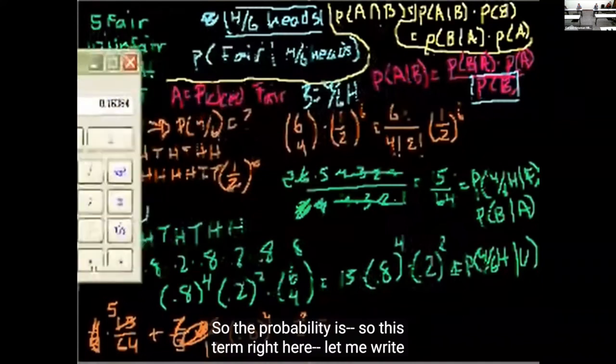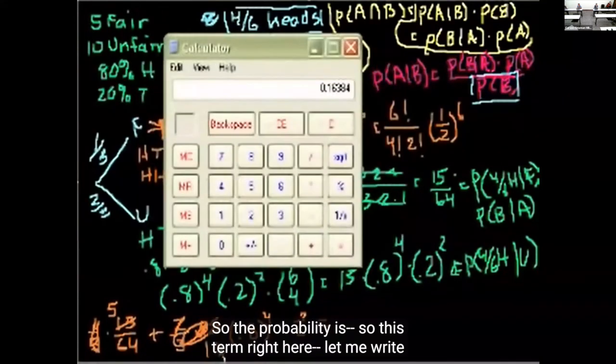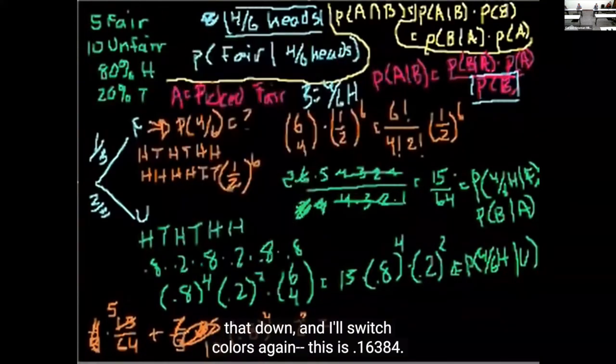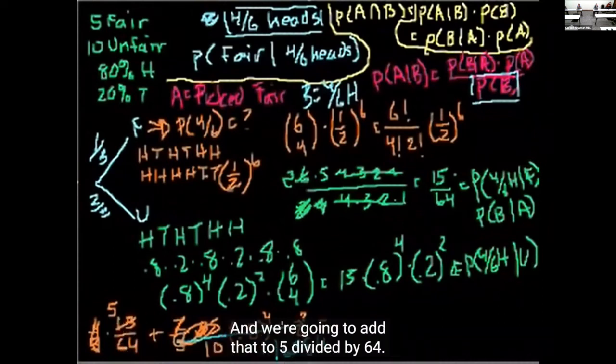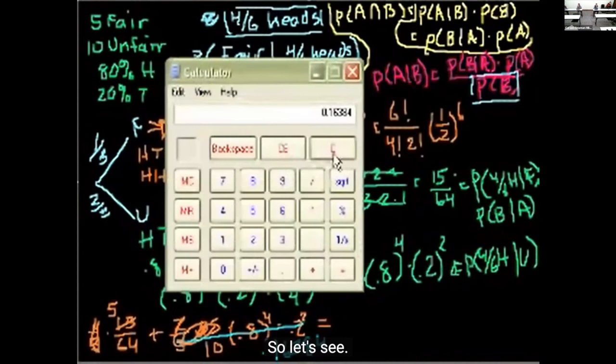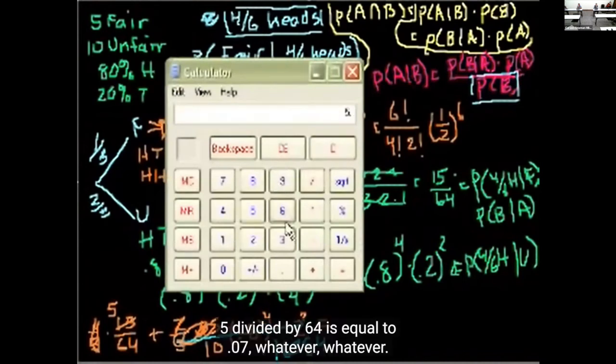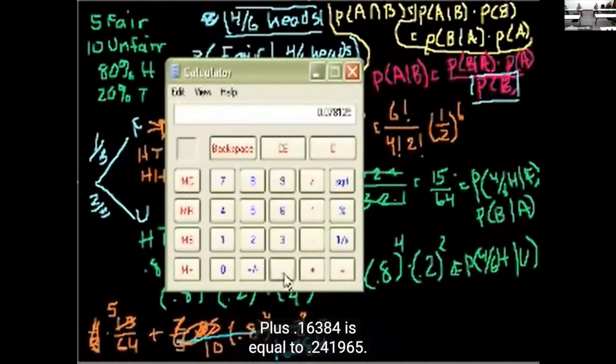So the probability is, so this term right here, so let's switch colors, this is 0.16384. We're going to add that to 5 divided by 64. 5 divided by 64 is equal to 0.07, whatever, plus 0.16384 is equal to 0.241965.